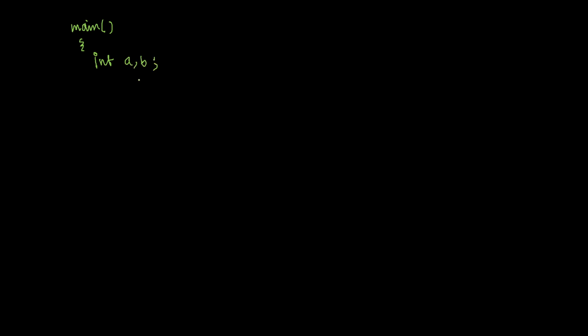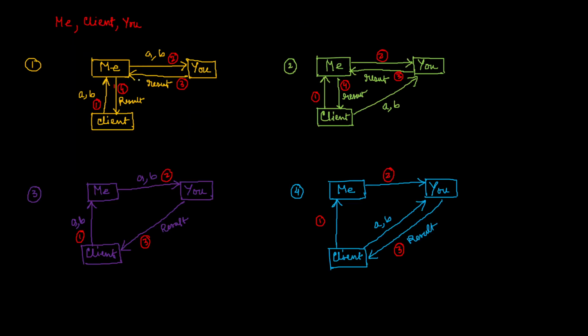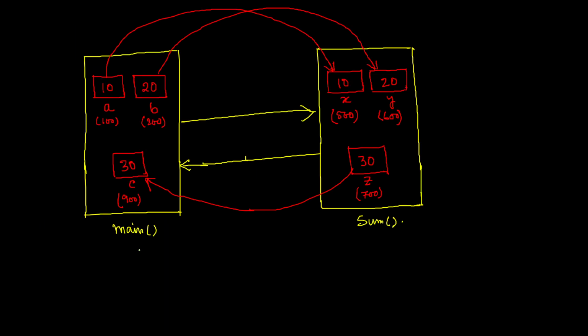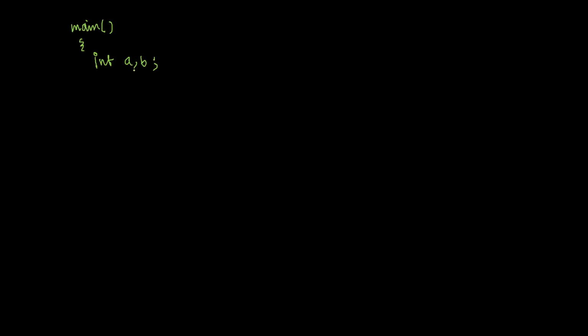Why not required? Because you are not going to return the result to me. This part is absent. Rather, you directly show the result to the client, so I don't need any third variable to store the result. Only A and B are sufficient.